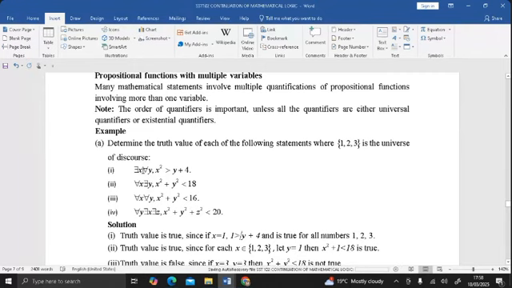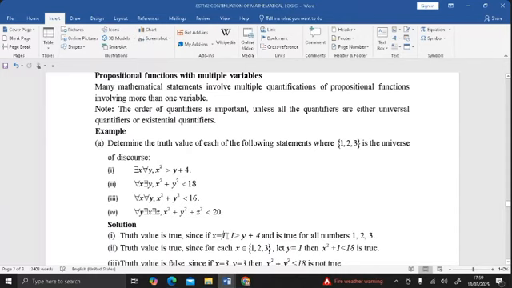Now, the question is, is this true? There is only one element such that when you square it, it is always greater than y plus 4. Is there any? And of course, y is obtained also from here.